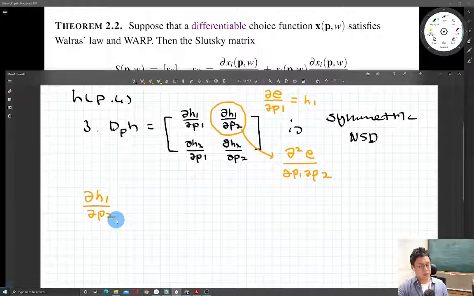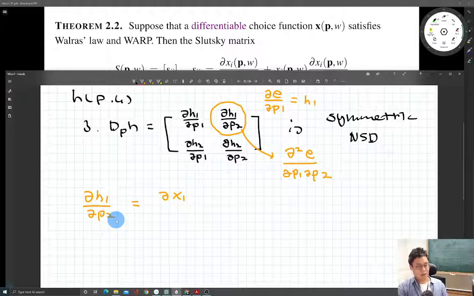And by the Slutsky equation, that can be expressed as the total effect. So the derivative of the Walrasian demand with respect to P2, that is the total effect. And then we subtract away the income effect.